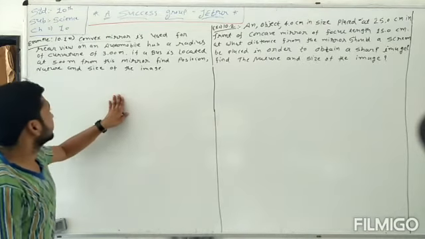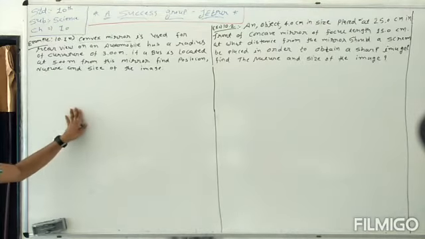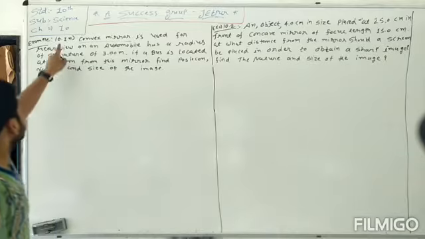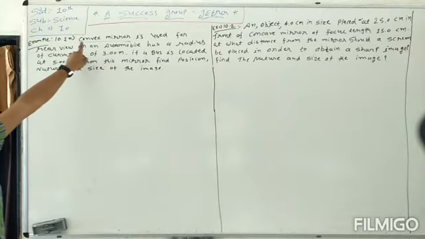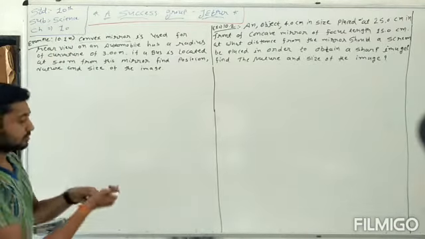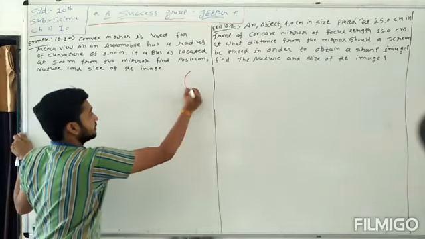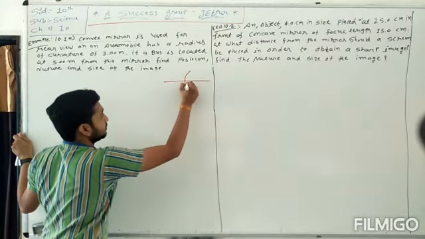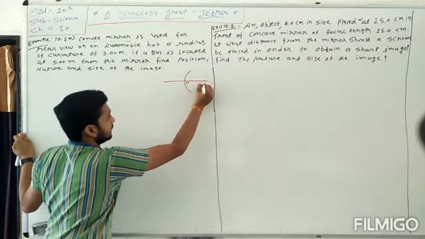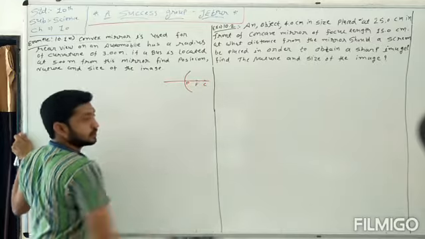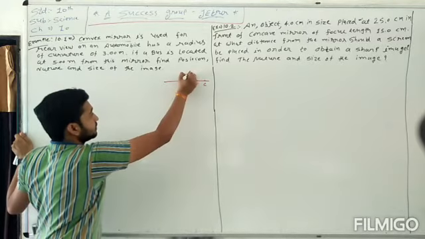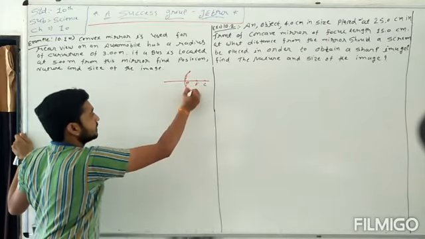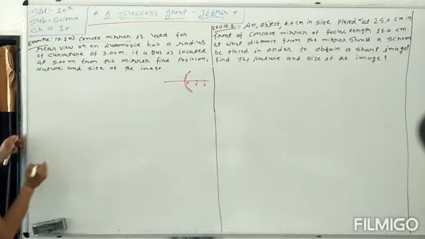Now an example related to spherical mirrors. First, example 10.1: a convex mirror is used for rear view on an automobile. I draw the convex mirror here with pole P, center of curvature, principal focus, and this shaded line is the reflecting surface.